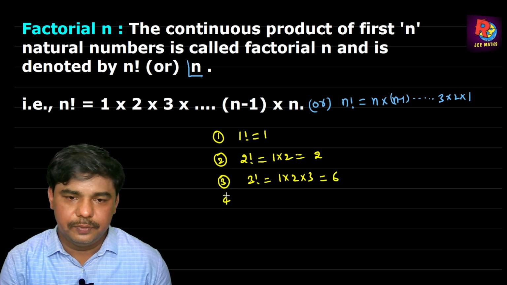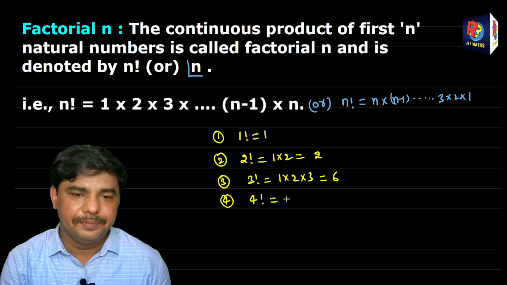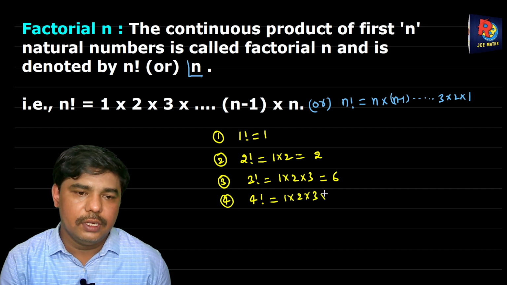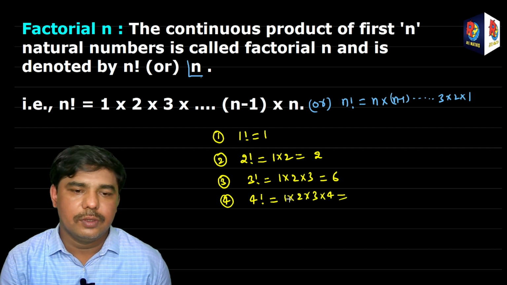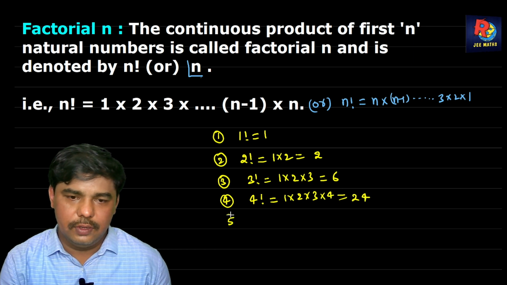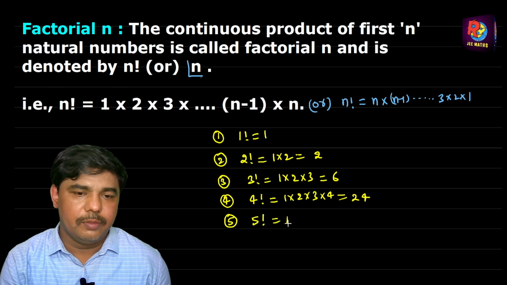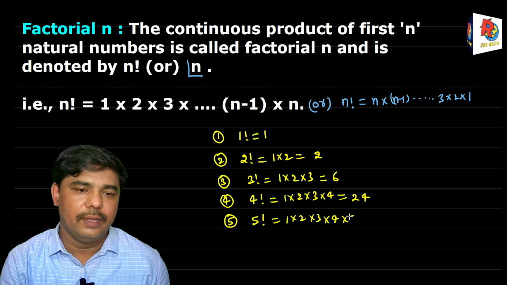Fourth one, 4 factorial. I can write 1 into 2 into 3 into 4. So 6 into 4 is 24. And 5 factorial means 1 into 2 into 3 into 4 into 5.